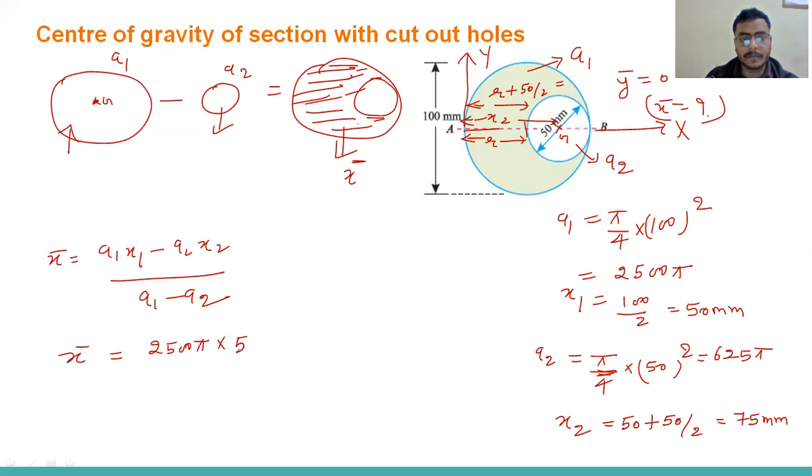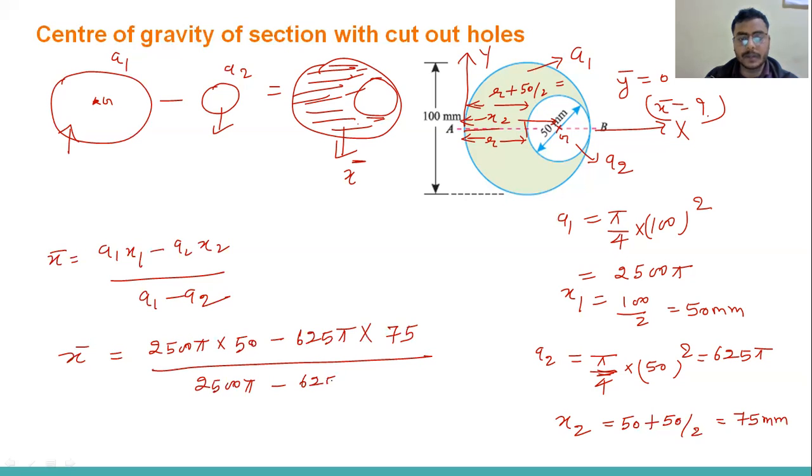X1 we have 50, A2 we have 625 pi, into x2 we have 75, divided by A1 we have 2500 pi minus A2 that we have 625 pi. Now you can calculate this value. I have calculated, so I'm writing directly. We'll get this value, 41.67 mm.